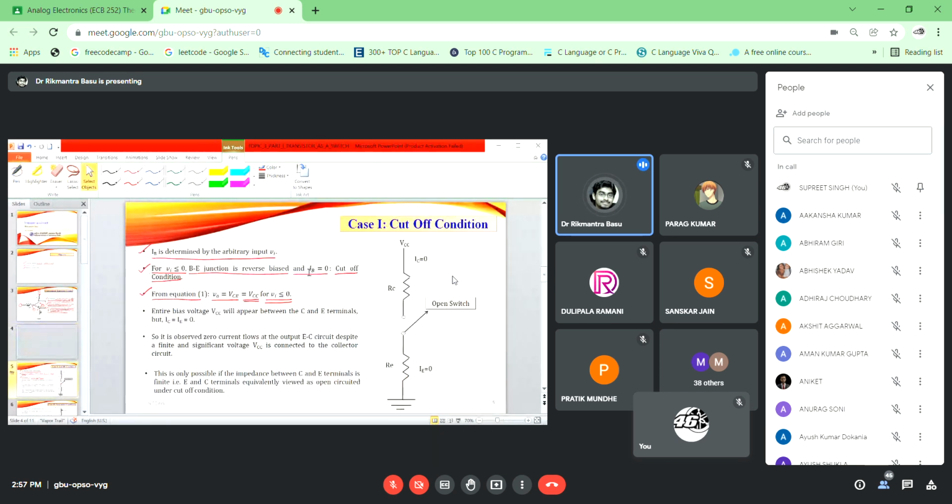That is possible if you have a finite value of the resistor. So the entire bias voltage VCC will appear between the collector and emitter terminals, but eventually IC and IE equal 0 because IB equals 0. So it is observed that zero current flows in the emitter-collector output circuit despite a finite and significant voltage VCC appearing at the collector circuit.